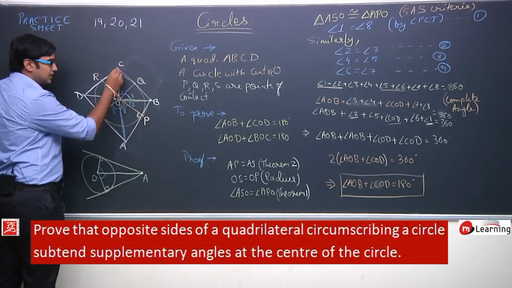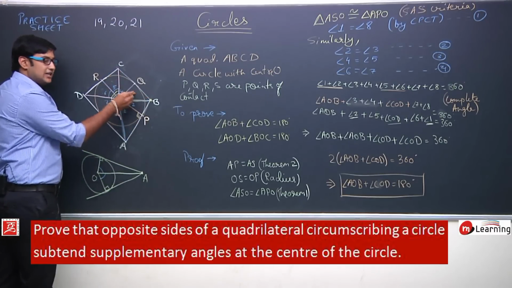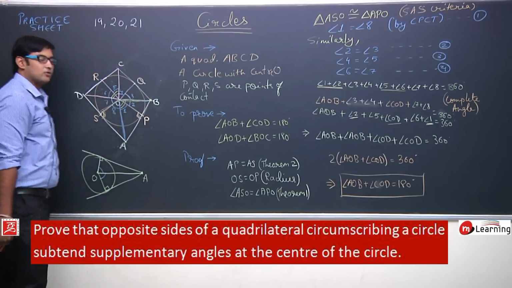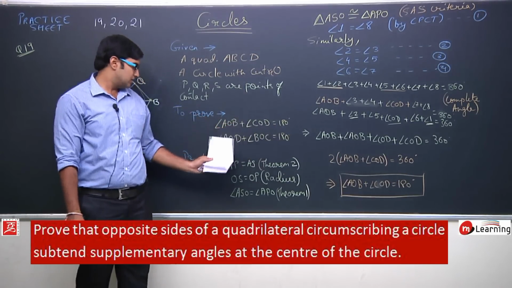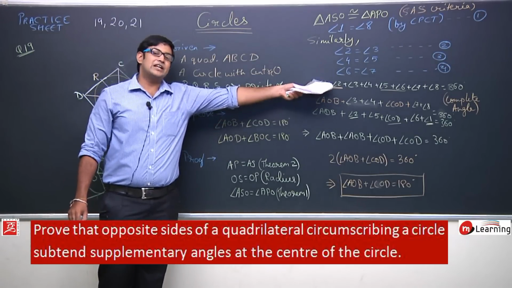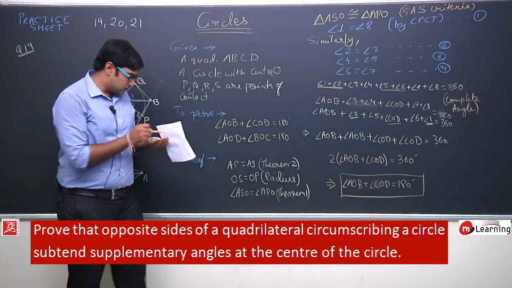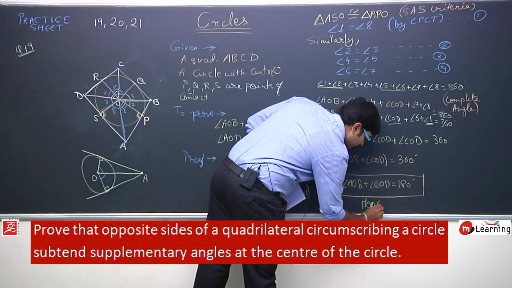And BOC is angle 3 plus 4. So try to convert angle 2 into angle 3 and angle 5 into angle 4, and you will very easily get this second condition, just by manipulating this equation. So this is how you need to prove this question, hence proved.